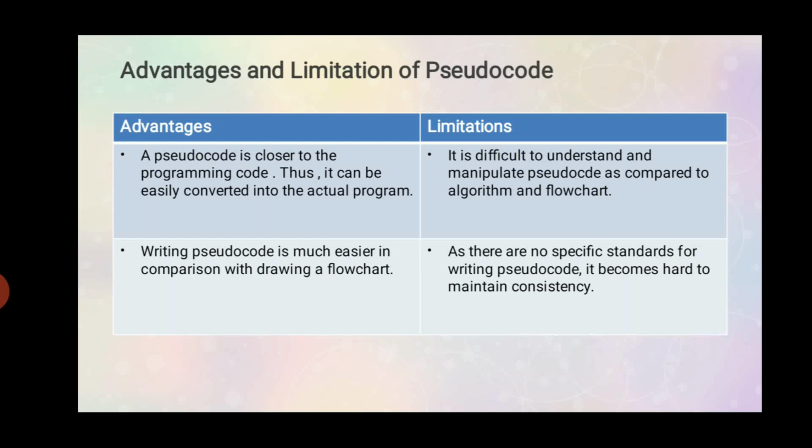Some people might feel that it's difficult to draw a flowchart, some people might feel that it's easy to write in lines, so it also becomes an advantage. And now a limitation: as there is no specific standard for writing pseudocode, it becomes hard to maintain consistency. That means there are no strict rules, so it becomes difficult to maintain consistency.